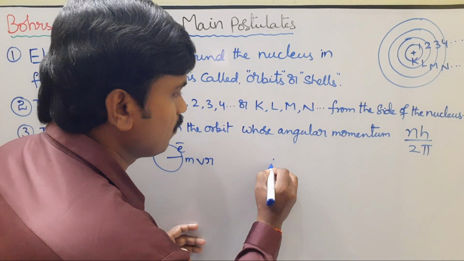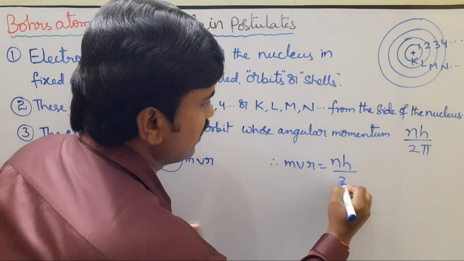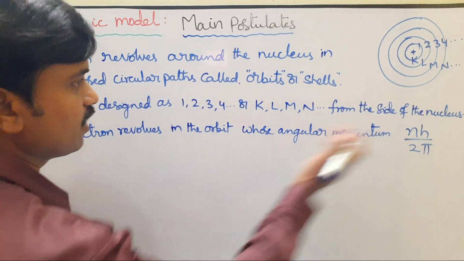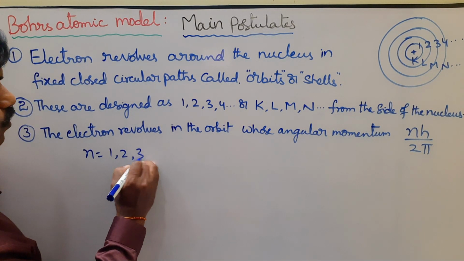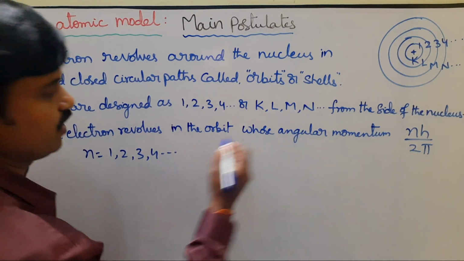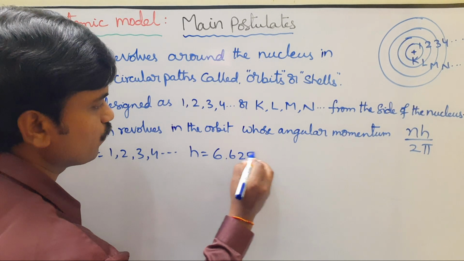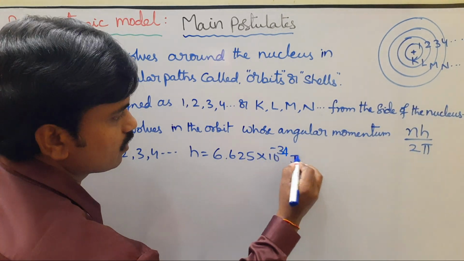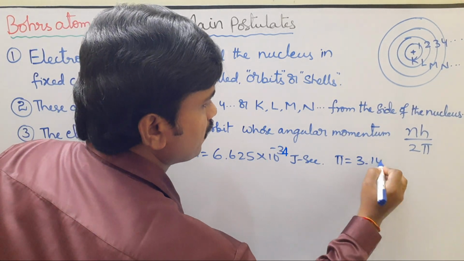Therefore, the angular momentum mvr is equal to nh by 2 pi, where n is the orbit number 1, 2, 3, 4 and so on. h is Planck's constant, its value 6.625 into 10 power minus 34 joule seconds, and pi equals 3.14.